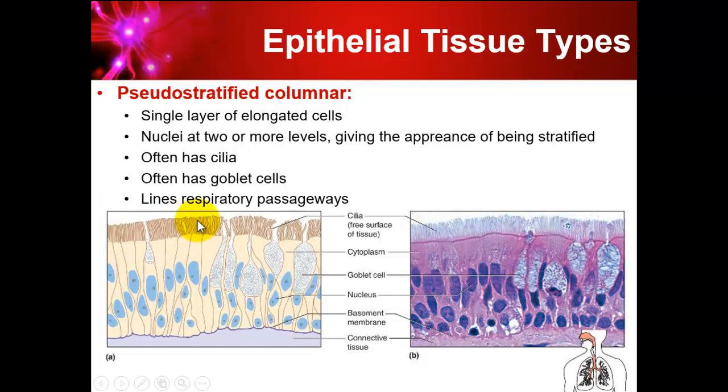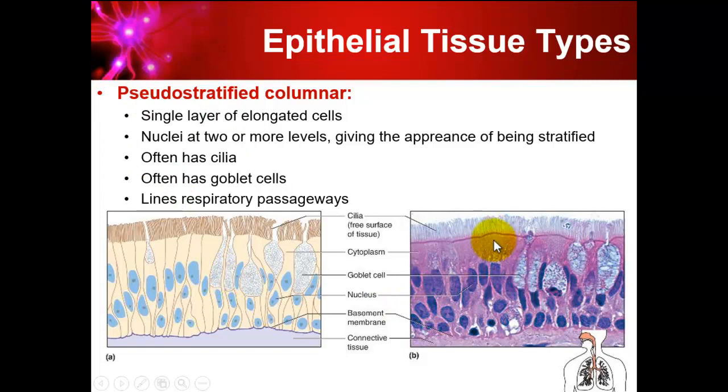So there's the cilia on top, and the white areas are goblet cells, and these cilia are sticky. They have mucus all over them from the goblet cells, and they trap dirt from air, fungus, things that you would breathe in. And then, of course, the levels of the nuclei give you the impression there are multiple layers. There's only one layer. So that's why it's called pseudostratified.